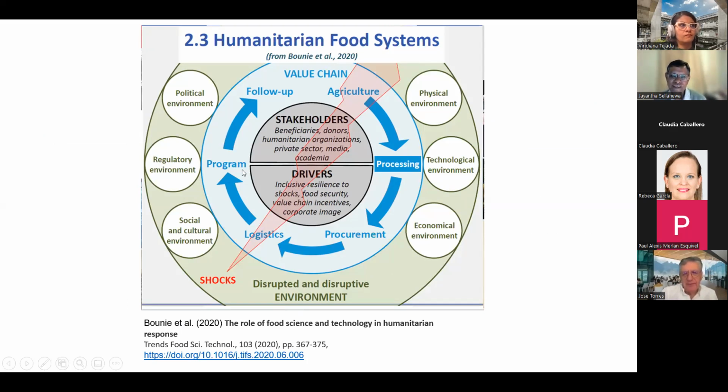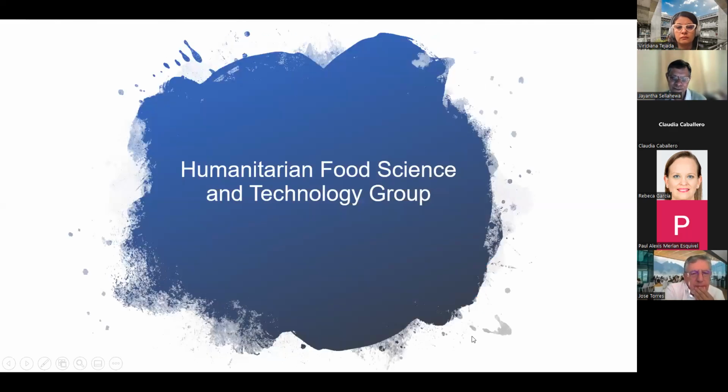So this circle is the traditional value chain, but in the outer circle we have added these other dimensions like the regulatory issues, political issues, economic issues, as well as the technological and the social issues. So it covers a whole lot more than the horizontal value chain that I referred to earlier.